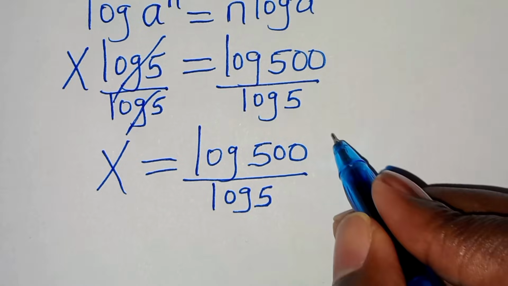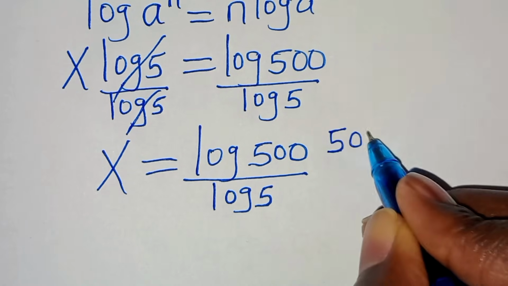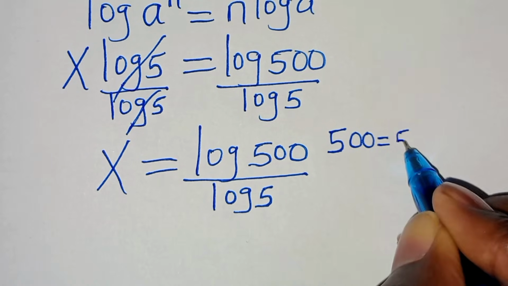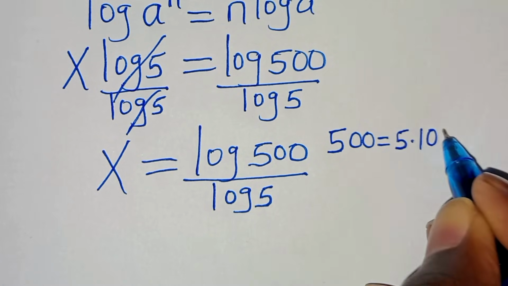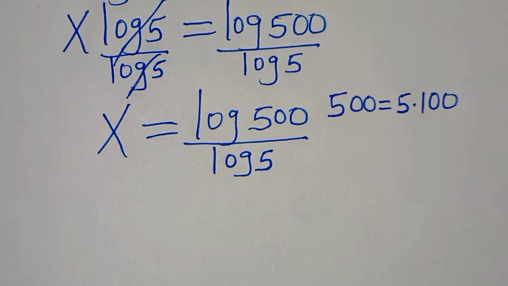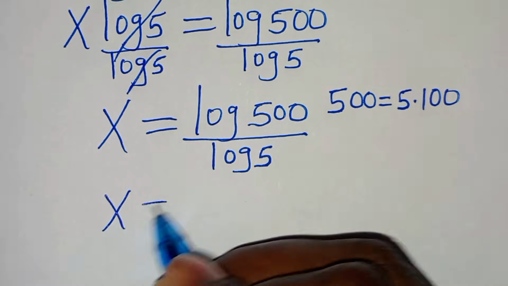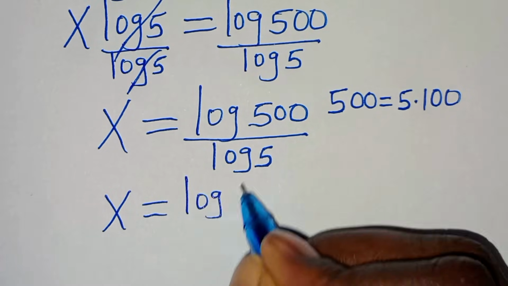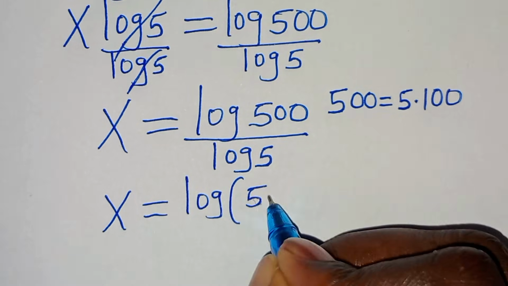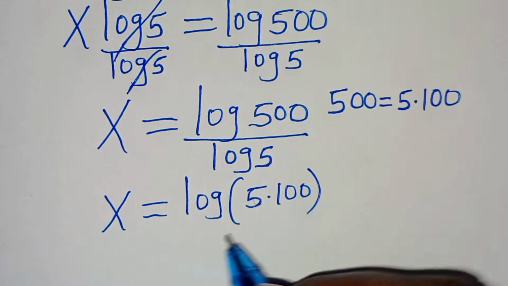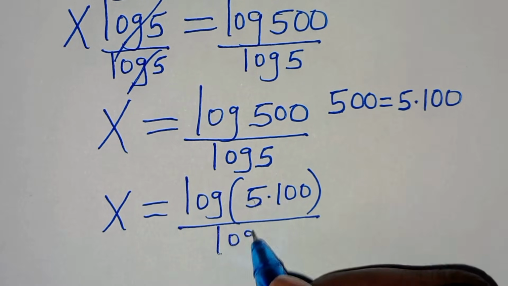The next step is that we can express 500 as 5 multiplied by 100. So we have x is equal to log of 5 multiplied by 100 divided by log 5.